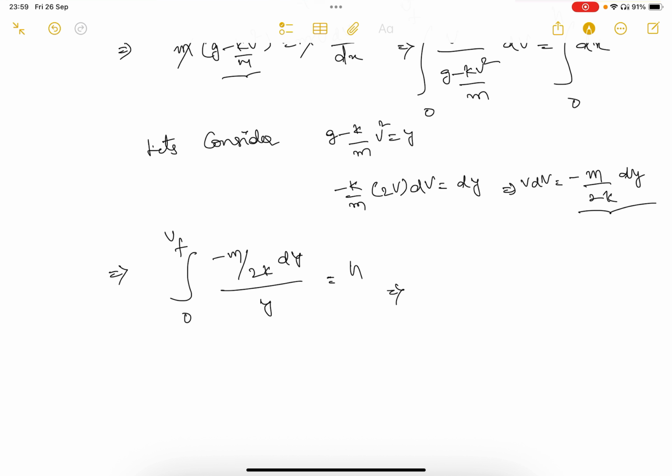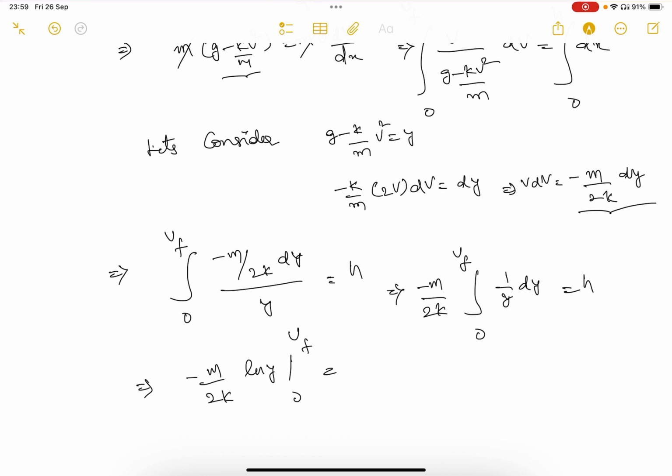Then minus m by 2k is a constant, keep it out of the integral. Then we are left with 1 by y dy. Integral limits are 0 to vf, which equals h. Then this will be minus m by 2k into 1 by y is ln y, with integral limits 0 to vf equal to h.